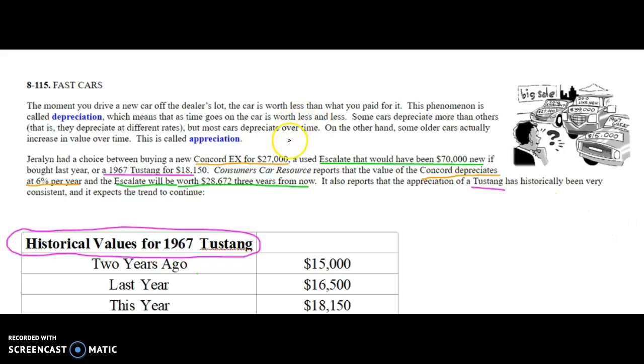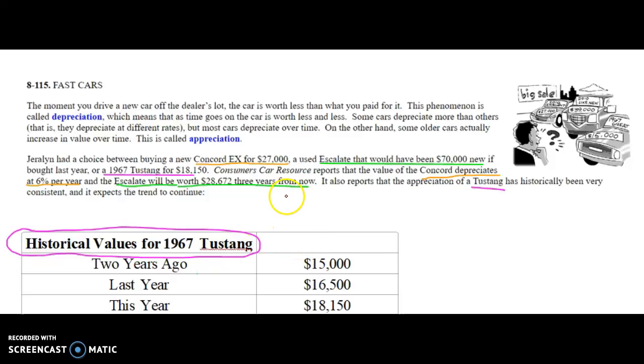So in this case, we are given three different cars. We're given the Concorde EX for $27,000, an Escalade that would have been $70,000 new if it was bought last year, and a 1967 Mustang for $18,150. And we're being told that the Concorde depreciates at 6% per year, and the Escalade will be worth $28,672 3 years from now.